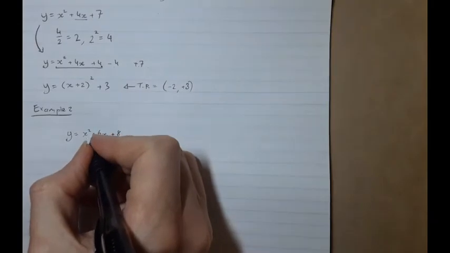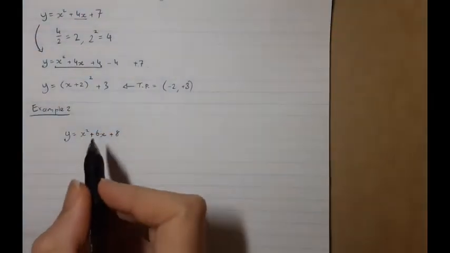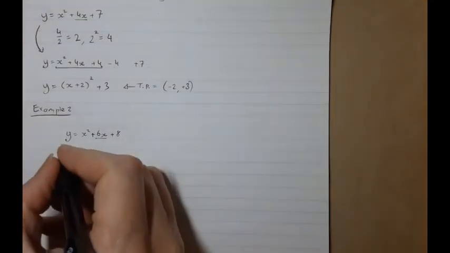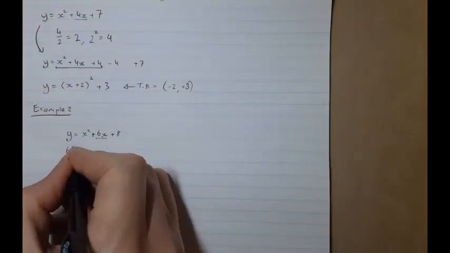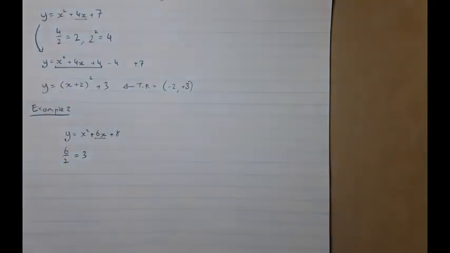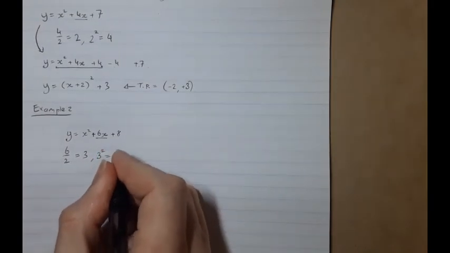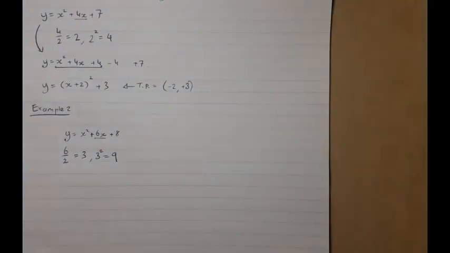Just make sure that looks like a plus 6x. So that's the middle term, and we want to find the coefficient of that term, which is 6. And we want to find half of 6. Now we know that's 3. Once we've got 3, we want to square that, and that'll give us 9.